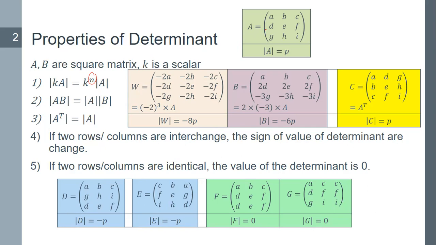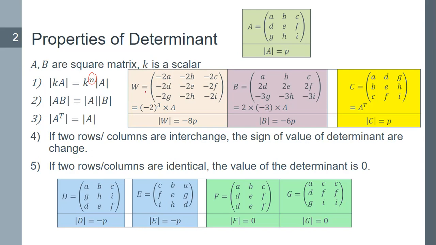Let us have a matrix A with elements a, b, c, d, e, f, g, h, i, and let's say its determinant is P. When we look at our matrix W here, every element is multiplied by -2, so each element is multiplied by the scalar -2.